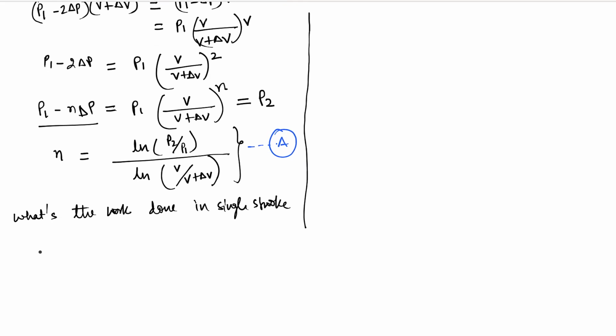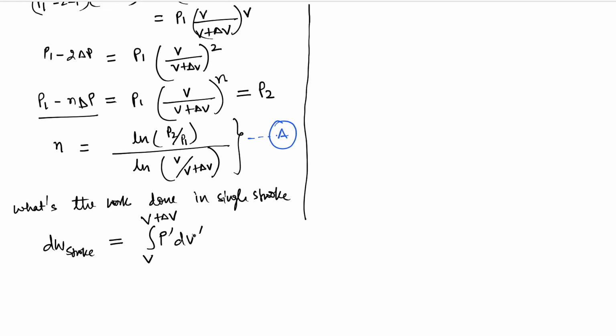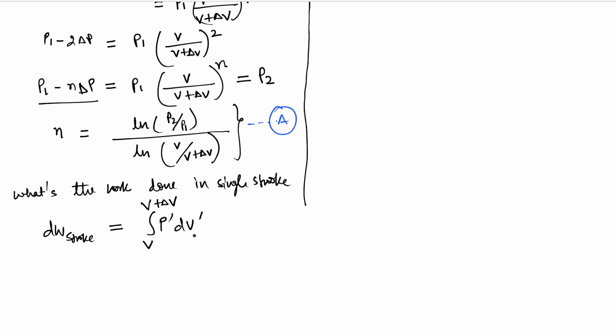So let's call it dW stroke. And that should be equal to the integral of P prime dV prime from V to V plus delta V. So at any instance, if P prime is the pressure and V prime is the volume, this is how it is given.